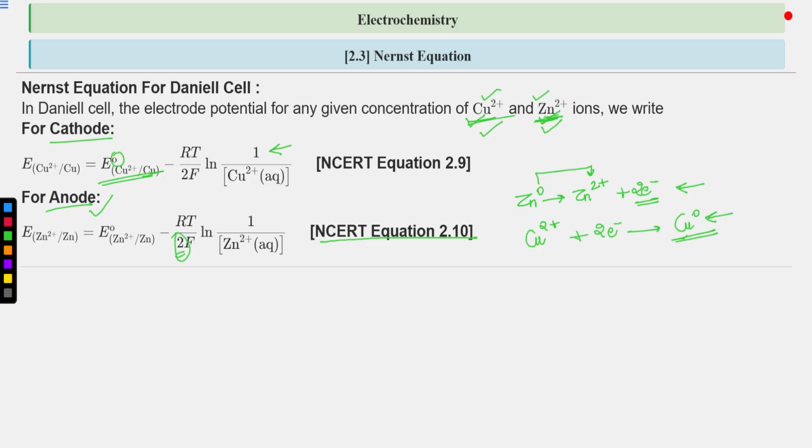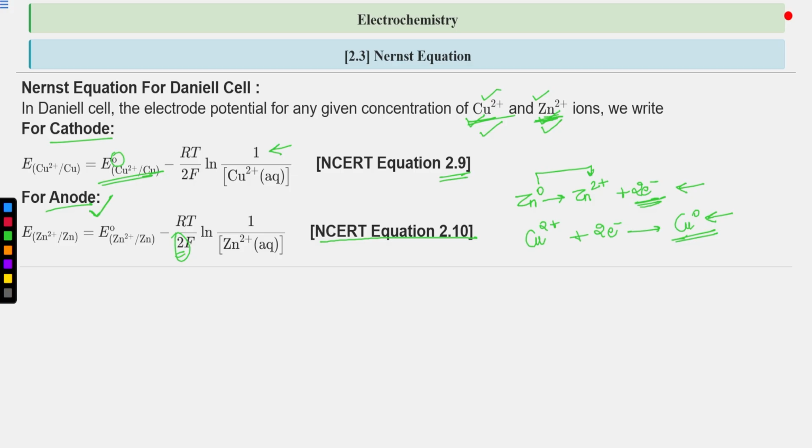This is also equation number 2.9 marked in our NCERT electrochemistry chapter. And at the anode, as I said, oxidation is happening, that means zinc is releasing 2 electrons. So if you want to write the EMF for the anode, the Nernst equation will be E of the zinc electrode equals E naught, the standard potential of the zinc electrode, minus RT by 2F ln 1 upon zinc 2 positive in the aqueous medium.